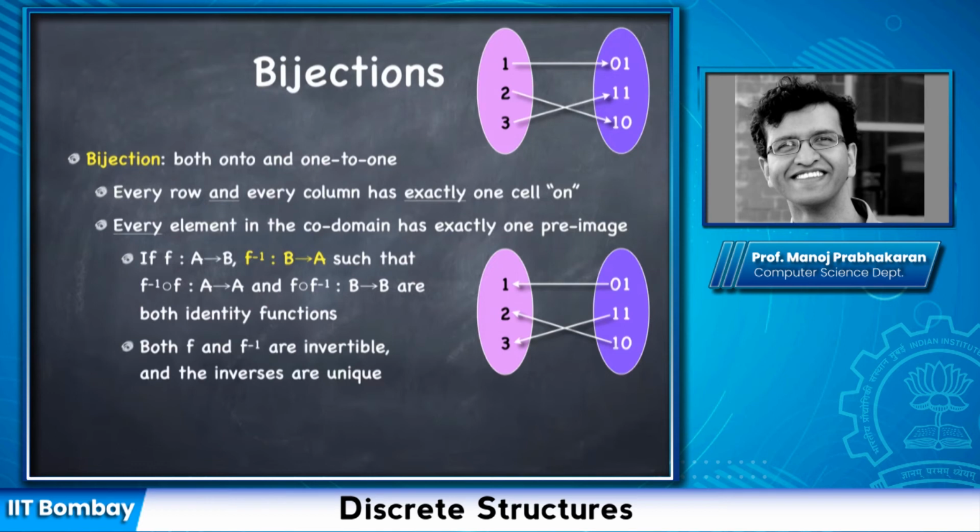They are both invertible functions. They are both bijections. And when you have a bijection, the inverse is unique. First of all, this shows this is an inverse. We know one-to-one functions already have an inverse, and there's an inverse for the bijective function.